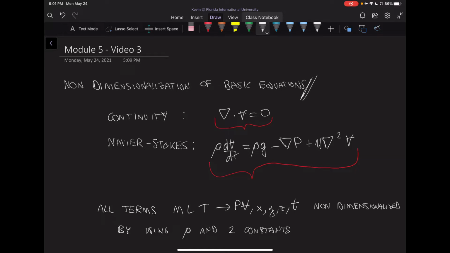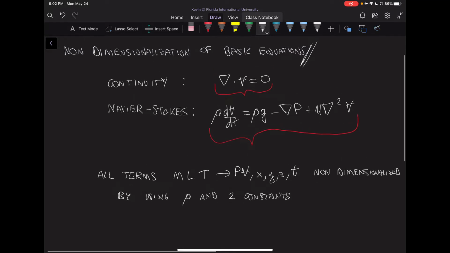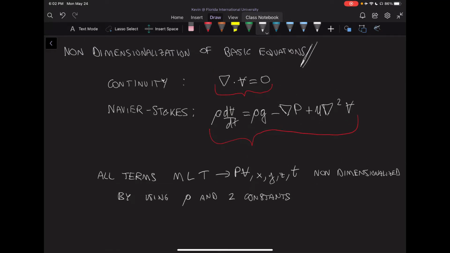Having a non-dimensional equation means that we can analyze a flow non-dimensionally in an experimental way and use these simpler equations and simpler relations to solve a problem, essentially. Because we know the Navier-Stokes equation cannot be solved directly, so by having a different way of looking at it, we might be able to solve it from an experimental standpoint.